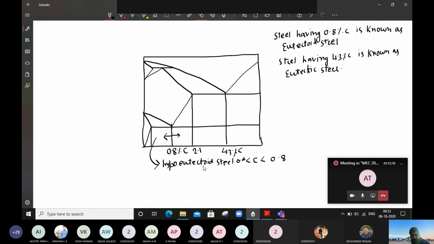If carbon is greater than 0.8 but less than 2.1, that steel is known as hypereutectoid steel.